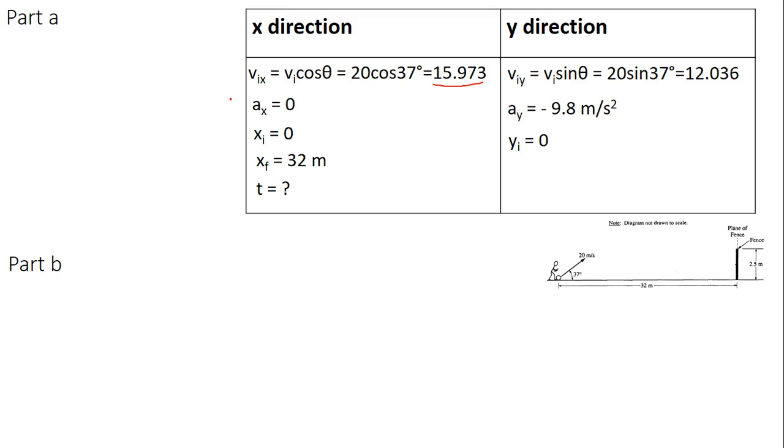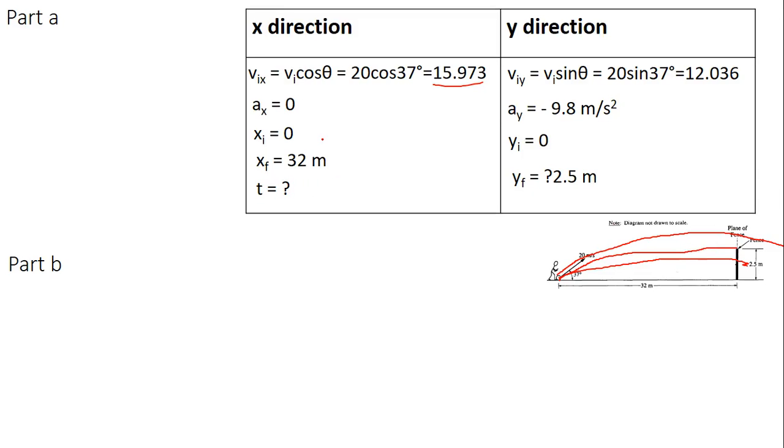The initial height is 0. And we actually don't know the final position. And the reason why is it could go something like this, or it could go something like this, or it could even hit the fence exactly. So it could go something like that.